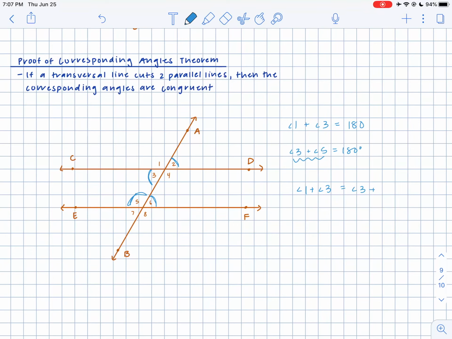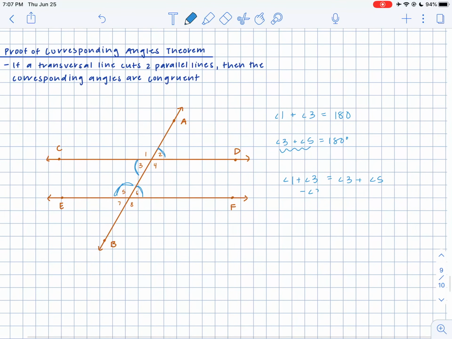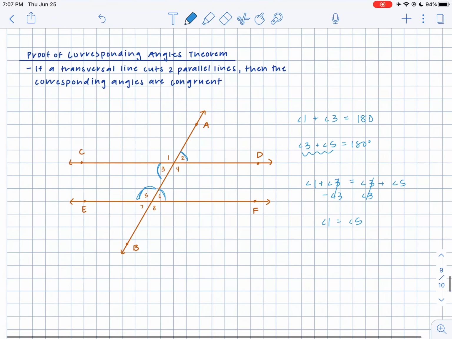So angle 3 plus angle 5. And now you can see that if we subtract angle 3 on both sides, it will cancel out. So we end up with angle 1 equals angle 5. And this proves that angle 1 and angle 5 are congruent because they are corresponding angles.